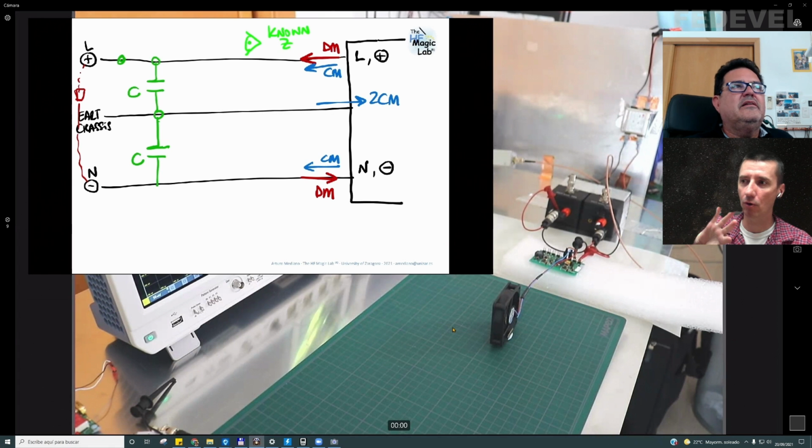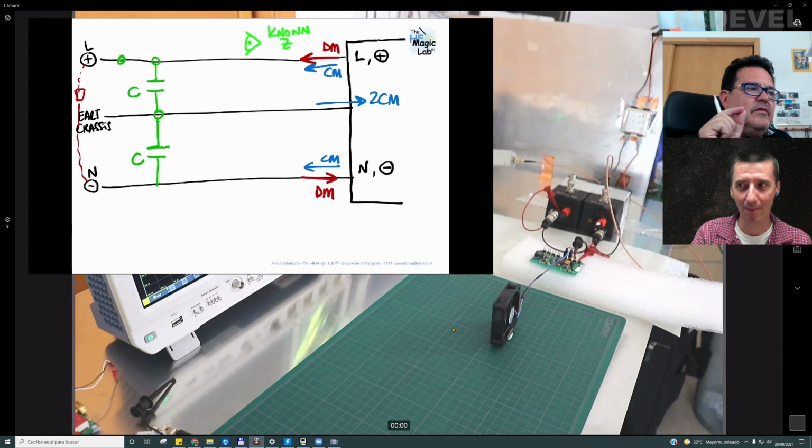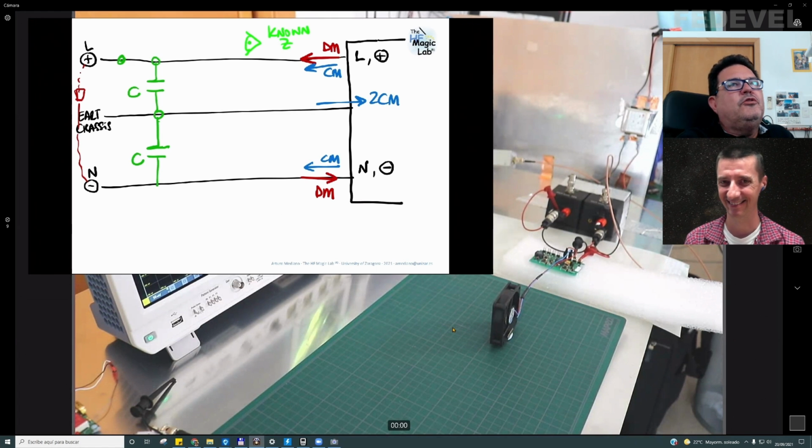Exactly. And it doesn't go more to the power supply. And we do it this way because then we would like to somehow measure this noise. If I put the capacitors in this position and they work like a short circuit, it's true that the noise will go through these capacitors. You will see. So let's continue.